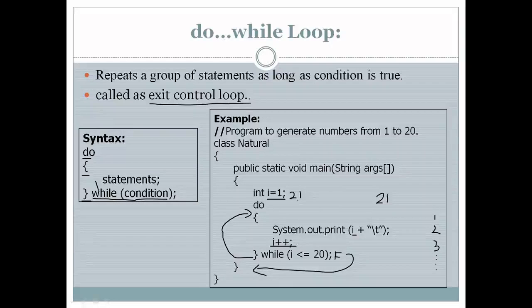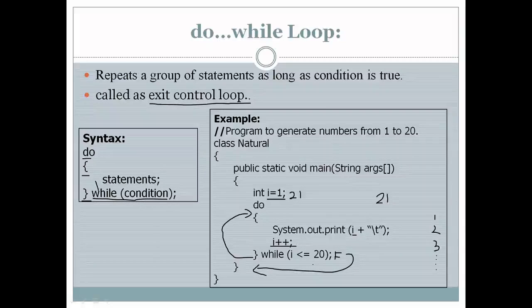Looking at the value of i, you will get to know that the initial value of i itself is greater than 20. So even though the condition is false or the condition does not satisfy initially, the statements are executed at least once in the do while loop because the condition is checked at the end. So this is about the do while loop in Java.